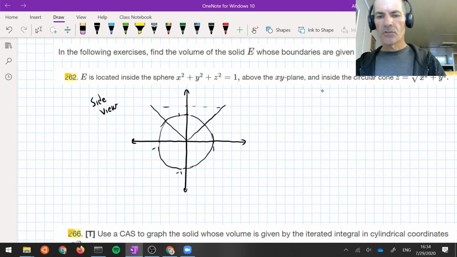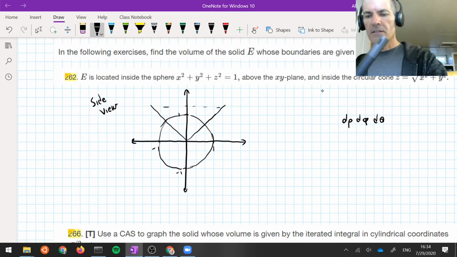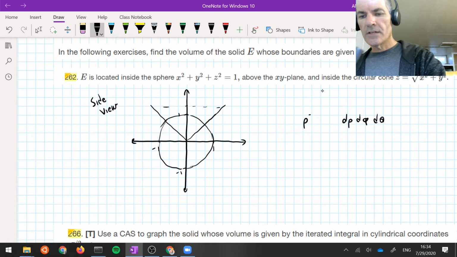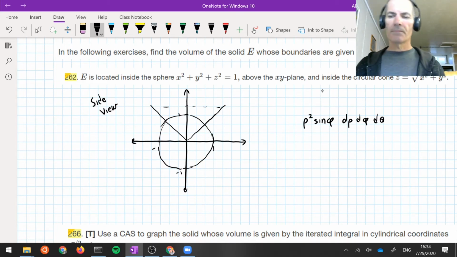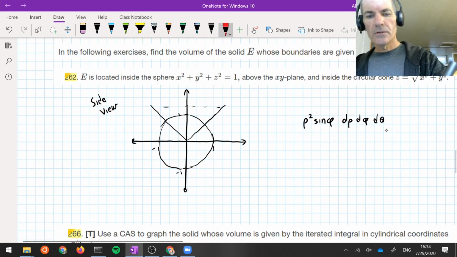Why do I like this as a spherical problem? Let's write the order of integration. I'm going to do d rho, d phi, d theta. And since this is a spherical integral, we always have the factor rho squared sine phi. I'm going to choose the order of integration d rho, d phi, d theta because in the rho direction, I can start at the origin and go and raise out to the sphere.